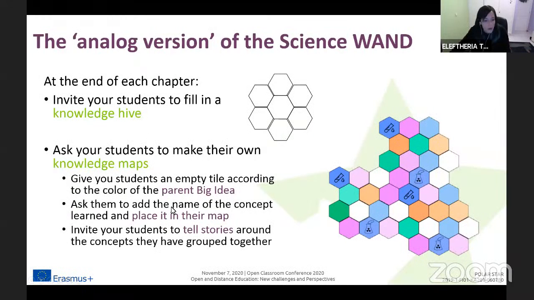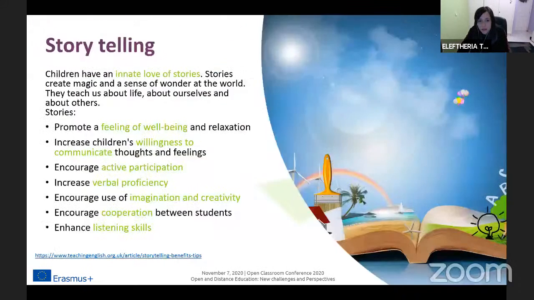I'm going to show this to you right now. So by placing them together, you see a shape like that. If you have the names here, they can actually start building stories that are built based on the connections that the students learn about. So a map would look like something like that.